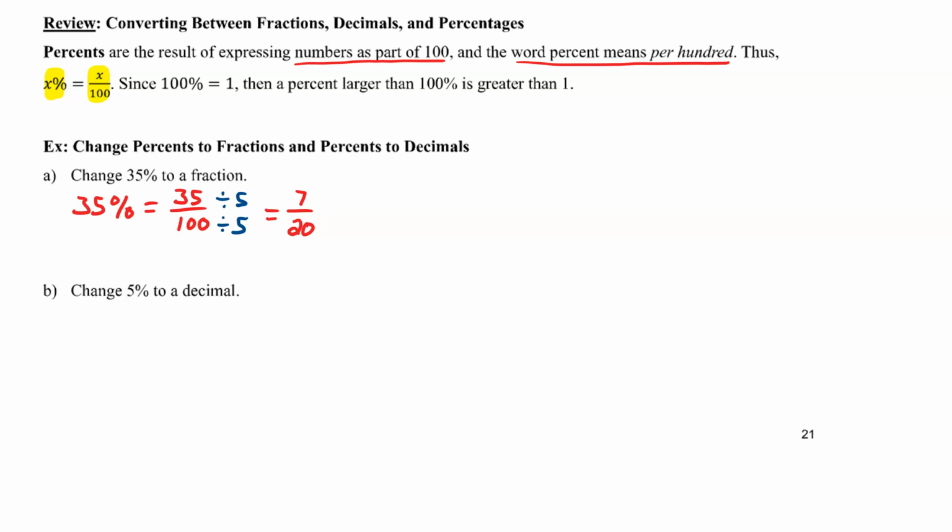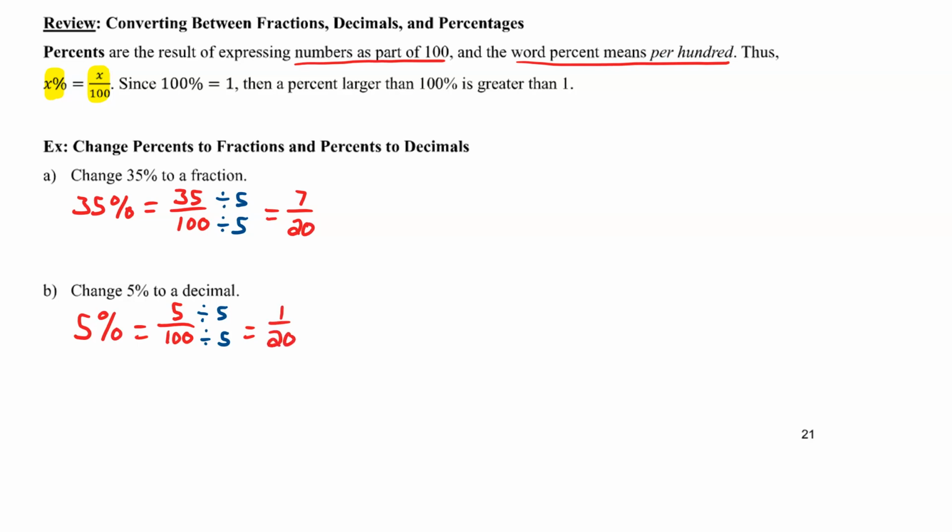Part B wants us to look at changing 5% into a decimal. Again, we have 5 over 100. And if we think about the fact that this is divisible by 5 again, that would give us a reduced fraction of 1 over 20.